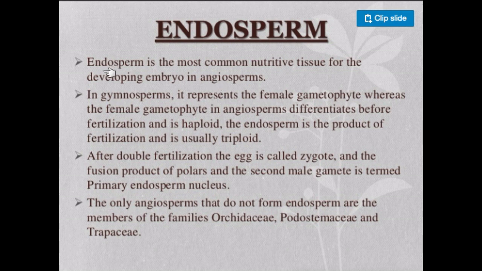So let us look. The endosperm is the most common nutritive tissue. Who is it for? It is for the developing embryo, and mostly you can find it in angiosperms. Angiosperms are the family of flowers.